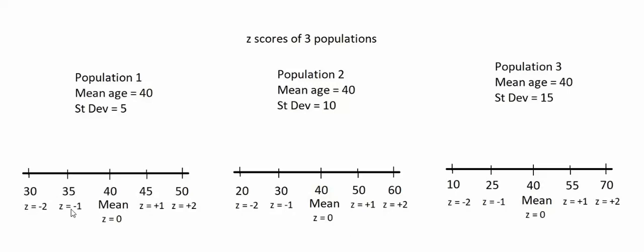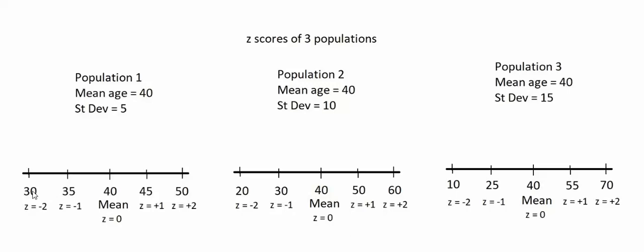So I mentioned in the last video that the z-score of a value is the number of standard deviations that value falls from the mean. So in this population, 50 is 2 standard deviations above the mean, so it has a z-score of +2.